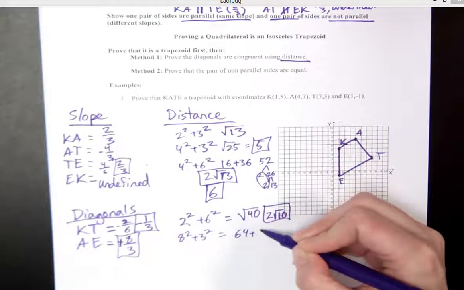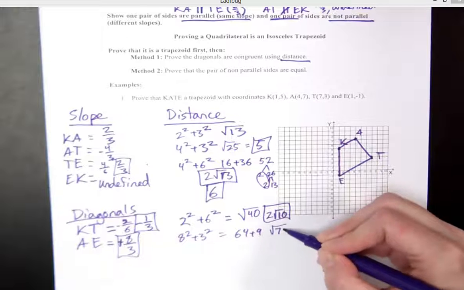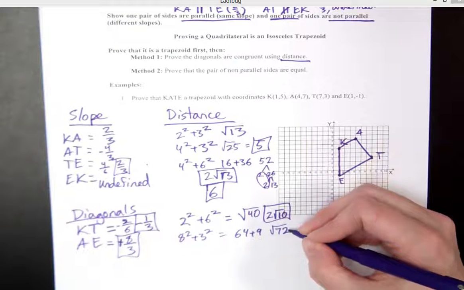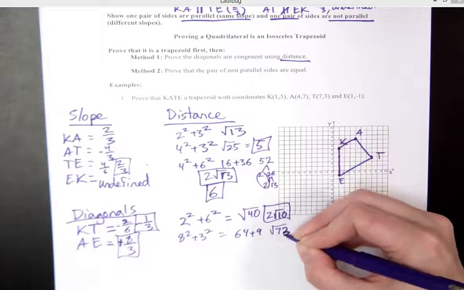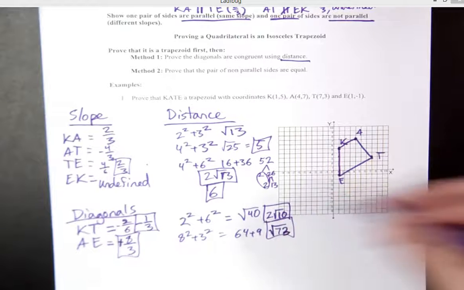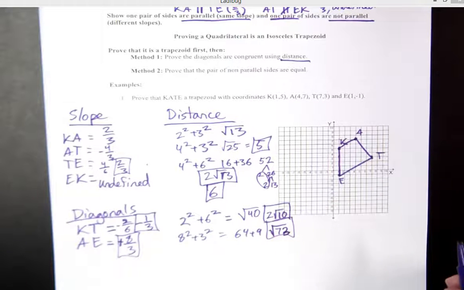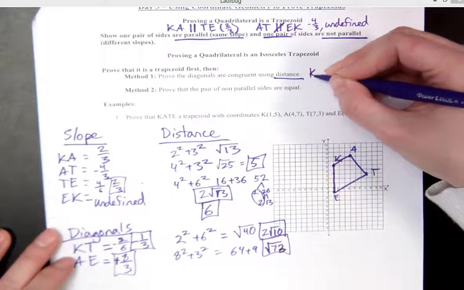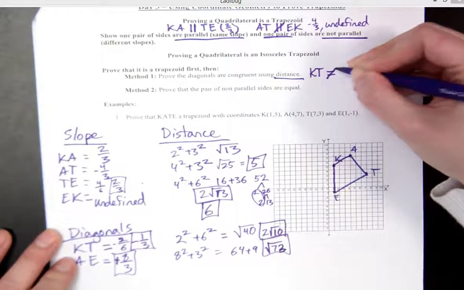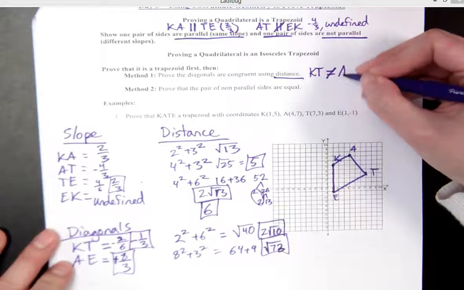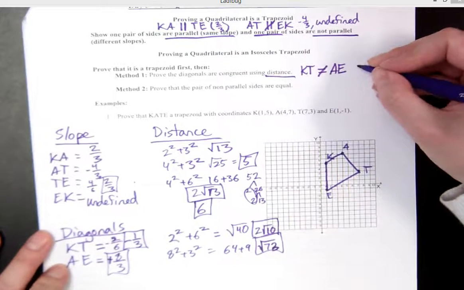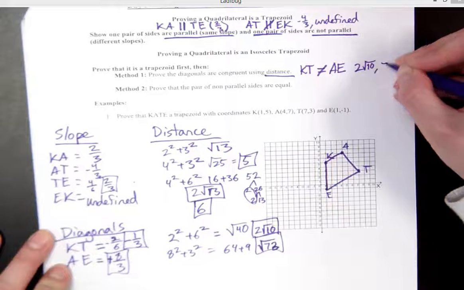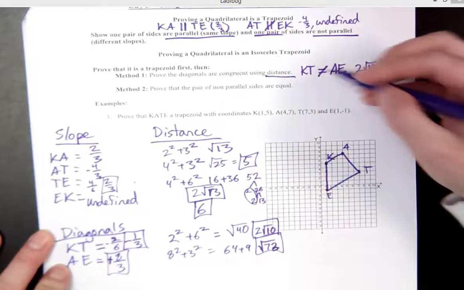So 64 + 9, square root of 73. Does that simplify at all? No. So are those congruent? No. Okay, so we can come up here and say KT does not equal AE. And we could go ahead and write in this 2√10 and square root of 73.